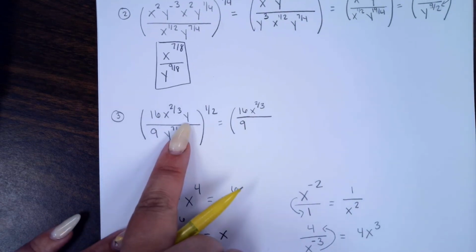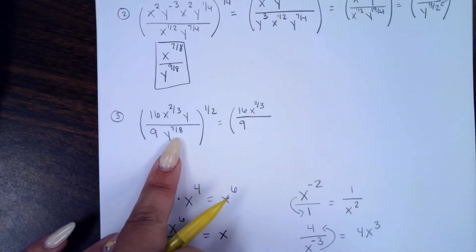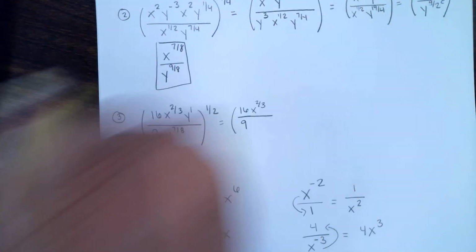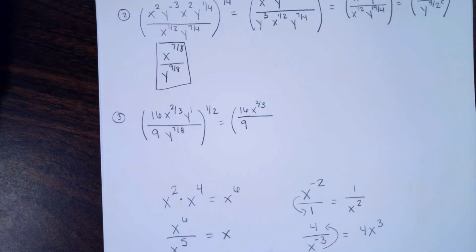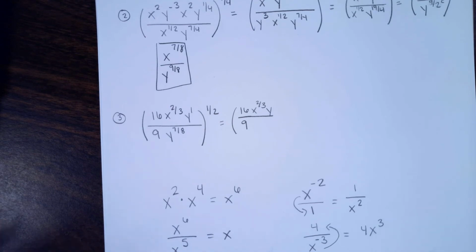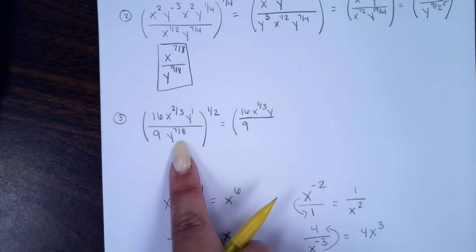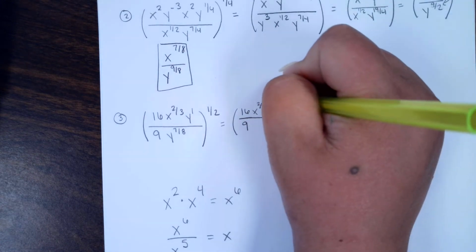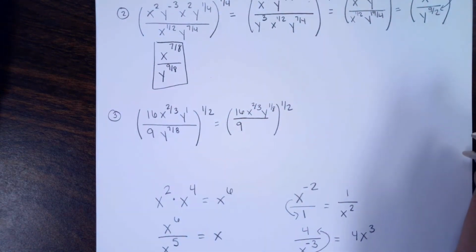And then I have a y on top and a y to the 7/8 in the bottom. Remember, there's really a 1 exponent on there. We just don't write it. So there's more y's up top, and I'm going to subtract that way. So 1 minus 7/8 gives us 1/8, all to the 1/2.